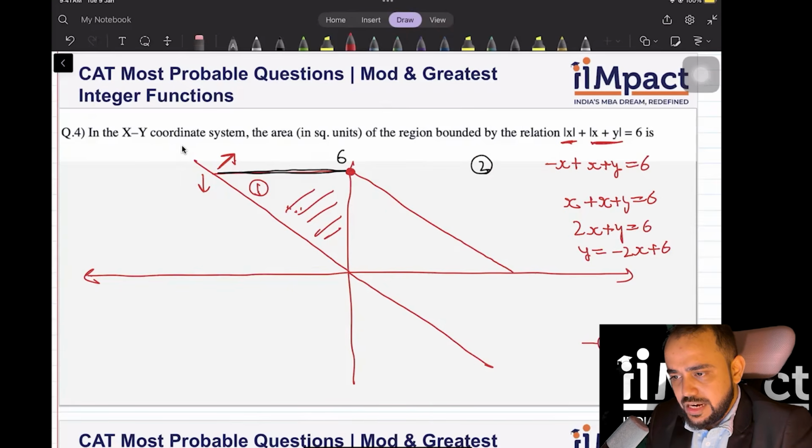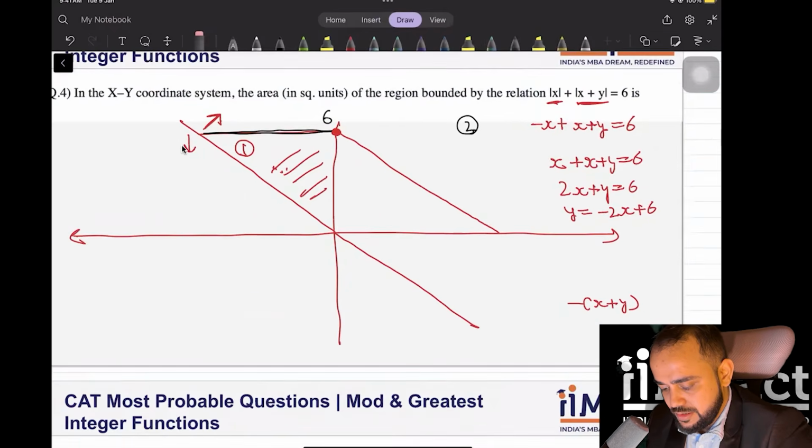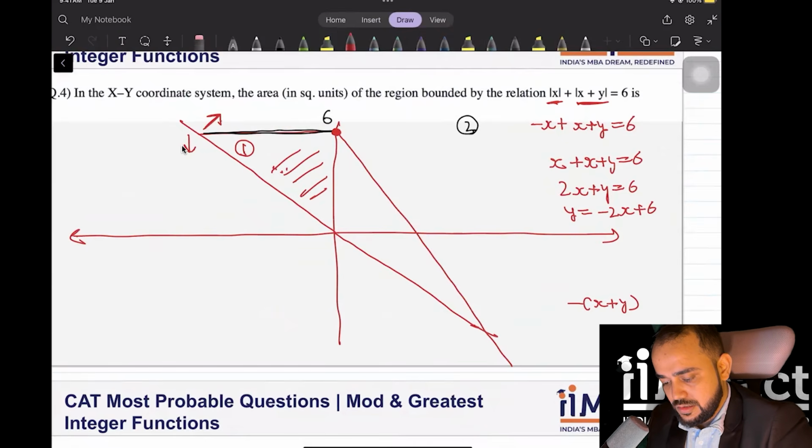Maybe the slope that I have made is a bit deceiving. It's looking like minus one slope. It will be something like this, right? So this is done for your region number 2.